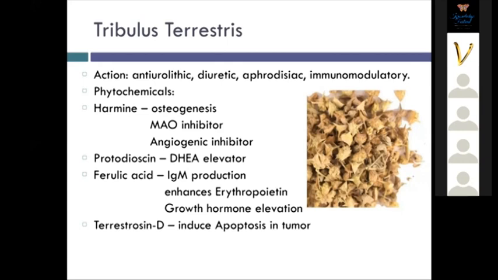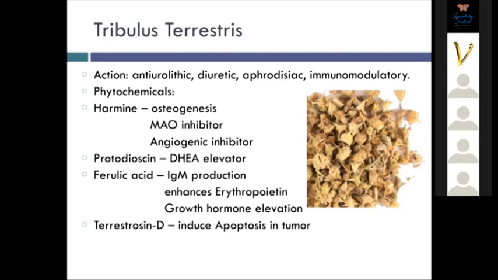Now we are going to talk about ferulic acid. Ferulic acid is used in the process of respiratory burst. Respiratory burst is a process which helps in the killing of the bacteria or microbes by increasing the amount of reactive oxygen species, also known as ROS.